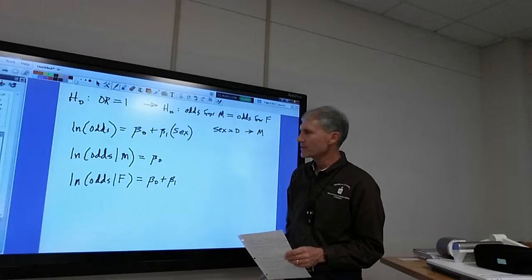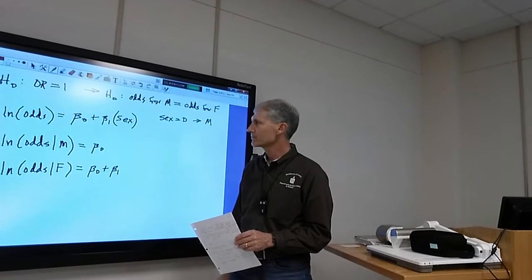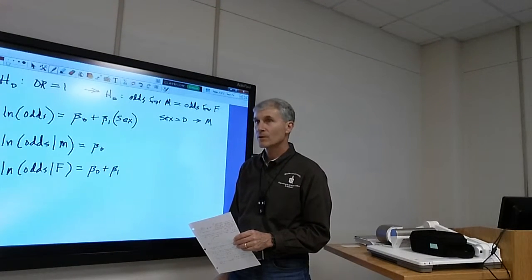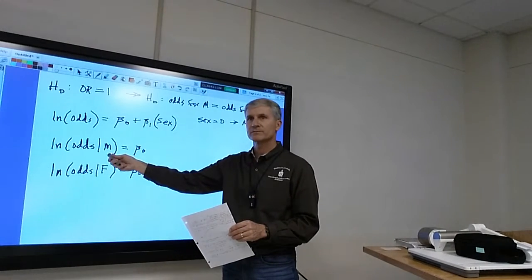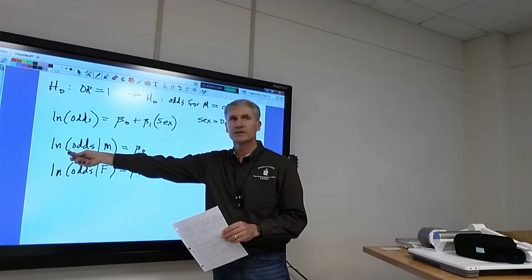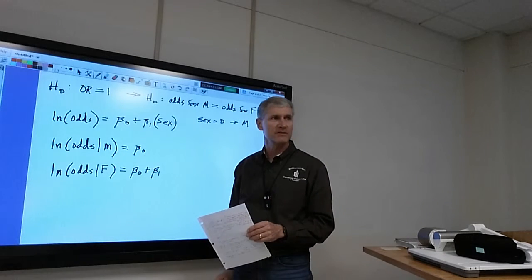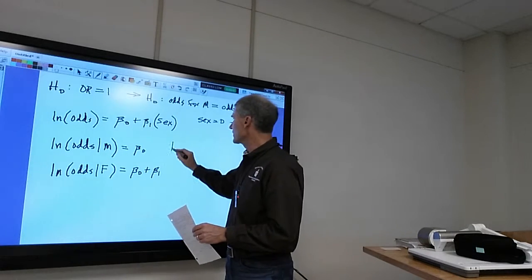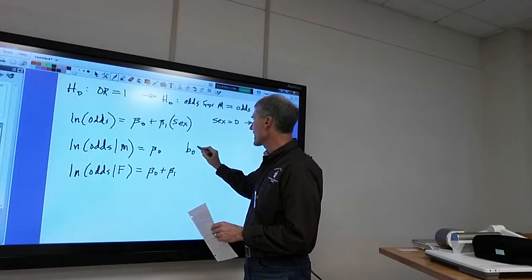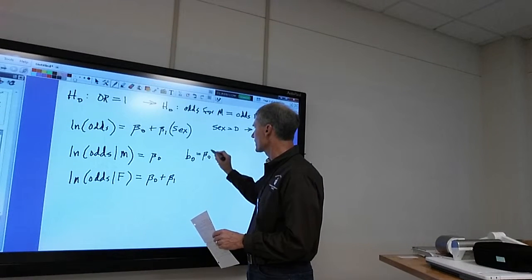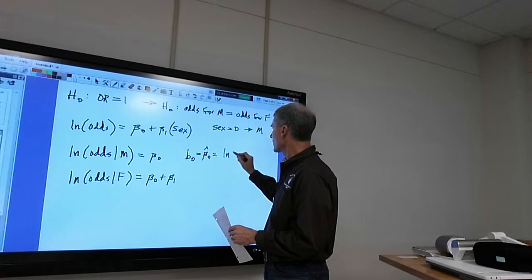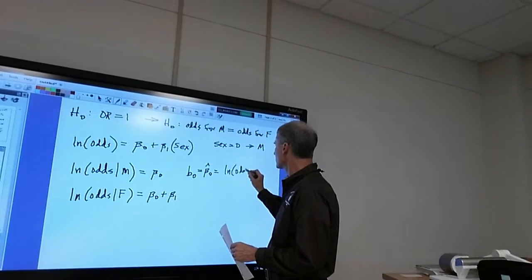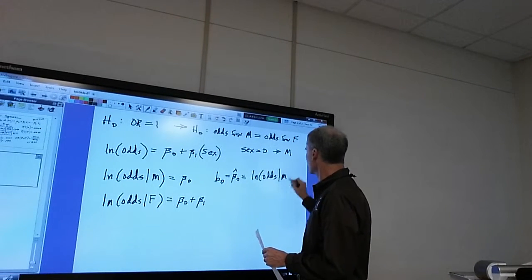So how am I going to get estimators of those things? Well, on the previous page, we computed the odds for males. So all I got to do is take the log of it, and I got an estimate of beta 0. So b0, or beta 0 hat, I sometimes write, is the log odds for males.